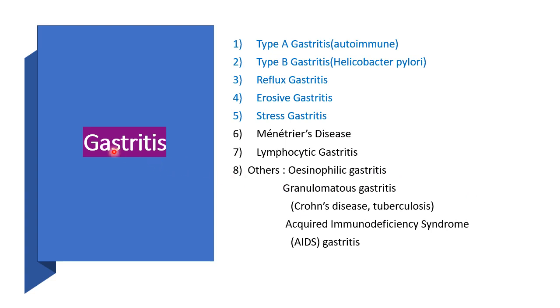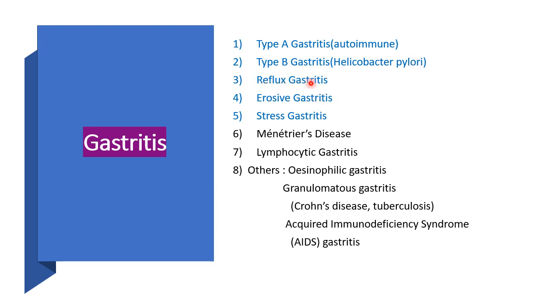First, we come to gastritis. The first 5 here in blue are the common types of gastritis that we see in our patients. Type A gastritis is an autoimmune disease. Type B gastritis is due to Helicobacter pylori infection.